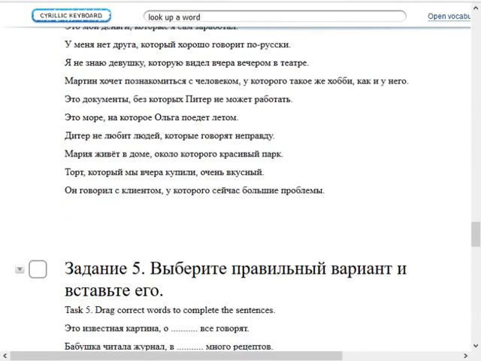Very nice. But just for completeness' sake, let's actually read the sentence. Он говорил с клиентом, he spoke with a client, у которого сейчас больше проблемы, who now has big problems.